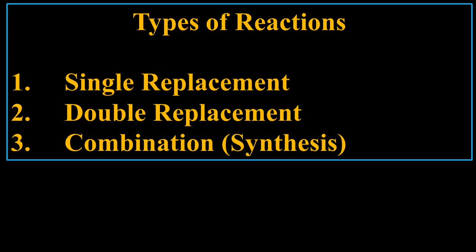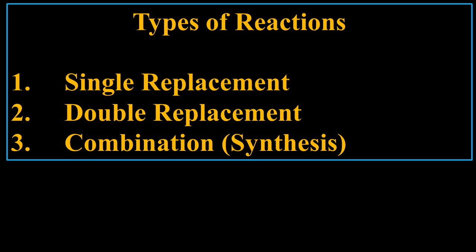Then there's going to be the combination or synthesis. The combination or synthesis is where you either take 2 elements and form a new compound, or 2 different compounds and form a new compound.